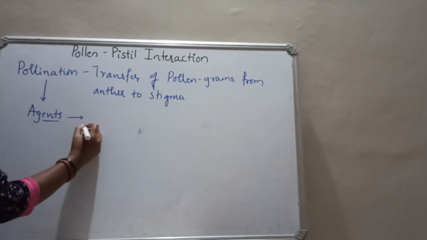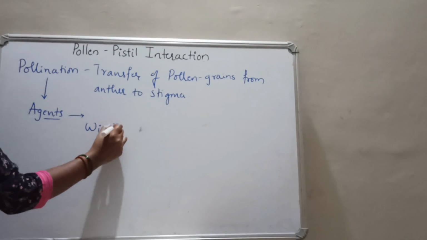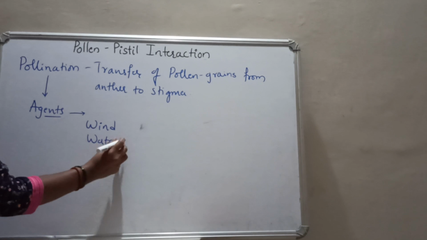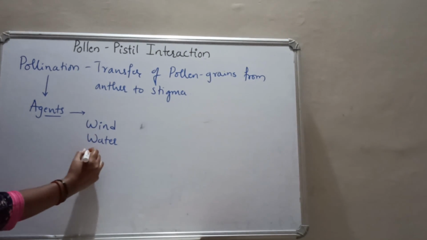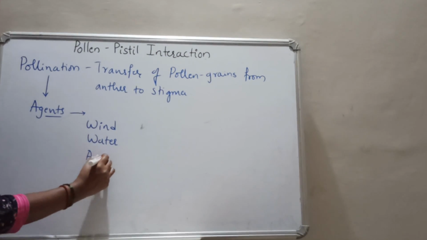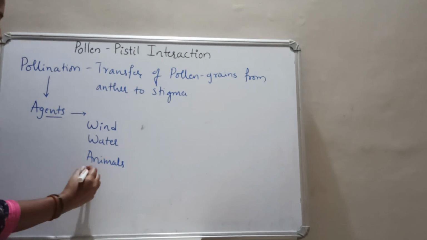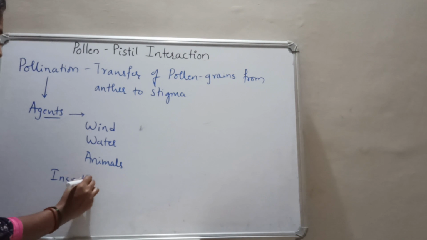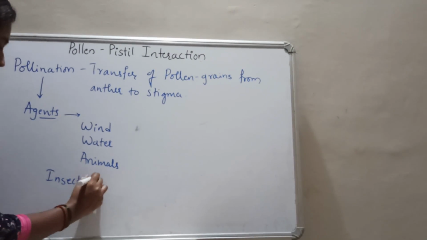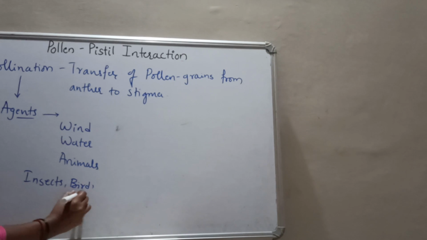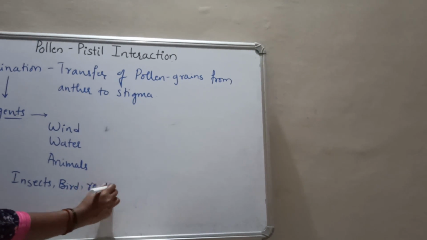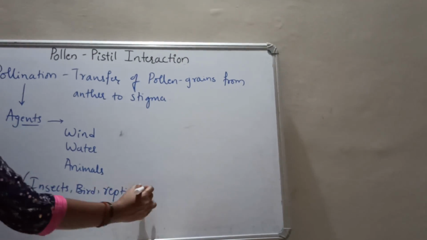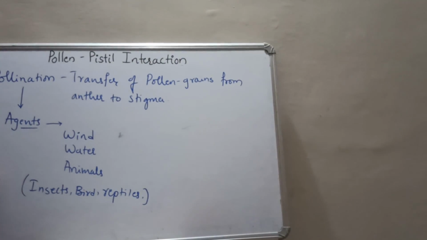These agents include the wind, which helps in pollination. Water also helps in pollination, and some animals like insects, some birds and reptiles, and some primates act as agents of pollination.